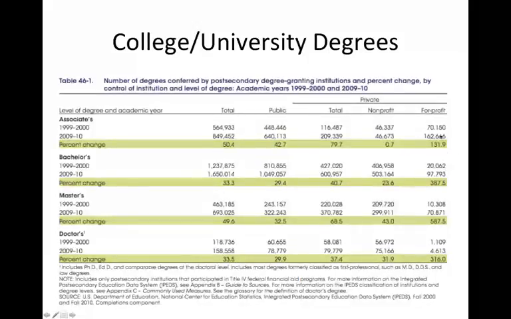You can see that some additional 92,000 associate degrees were provided by these for-profit entities like Phoenix, and that's a pretty big chunk of the approximately 285,000 increase.